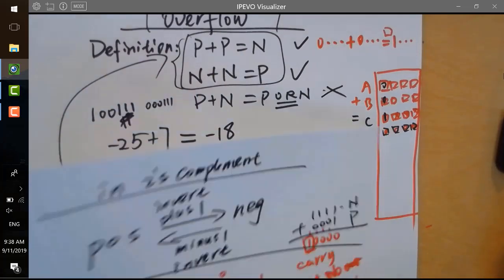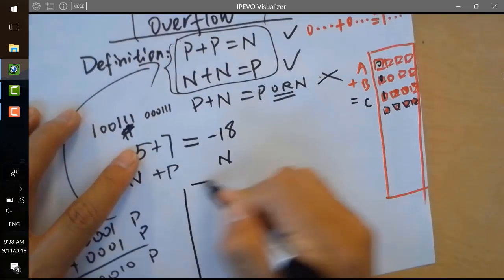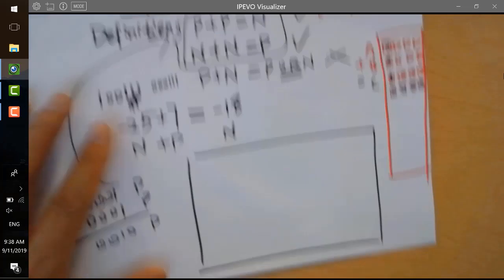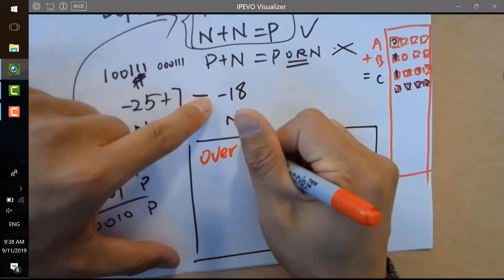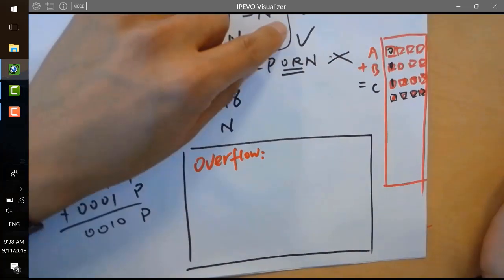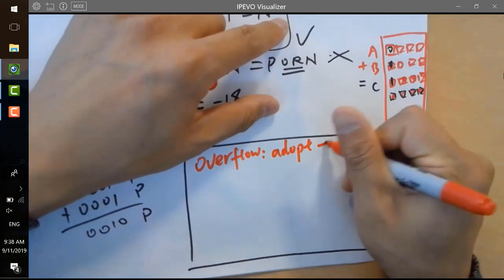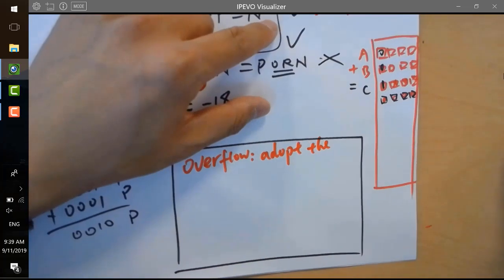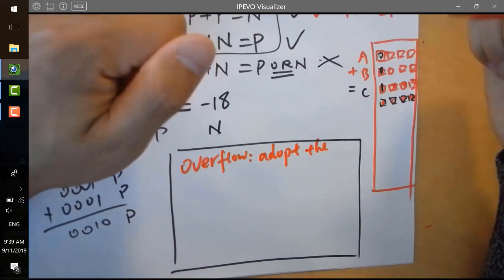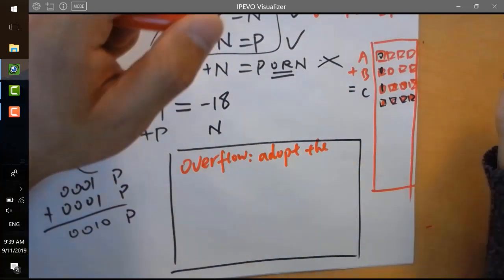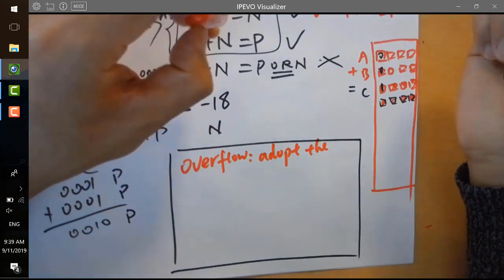So which means, let me write it down on the paper. Yeah, let's do it here. Something you want to put in your notes. So overflow, then do what? Adopt the... it's not a carry, it can be 0. So I don't want to say carry. Adopt the bit in the front.